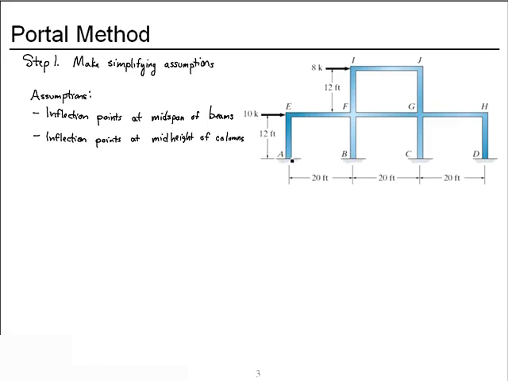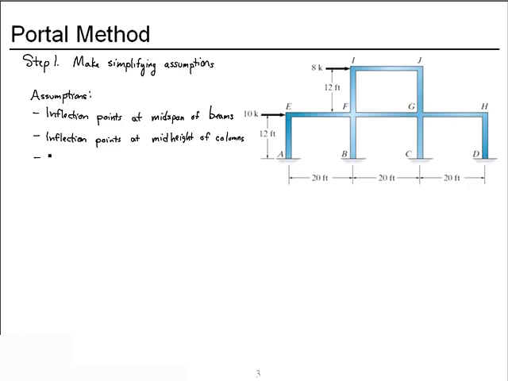Now, if the reactions at A, B, C, and D were not fixed, then we would change this assumption for the first story. But since we're considering these to be perfectly fixed, this will be our reasonable assumption.